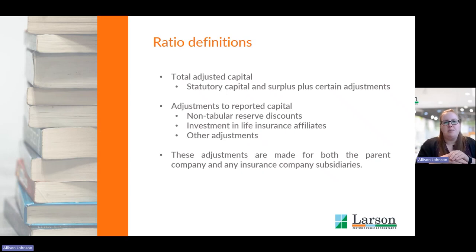Those are highlighted in the second bullet point. So non-tabular reserve discounts get adjusted for, investments in life insurance affiliates, and then there's some other minor adjustments. Note that if you have an insurance subsidiary, these adjustments get made at both the subsidiary level and the parent level as you're considering what total adjusted capital should be.